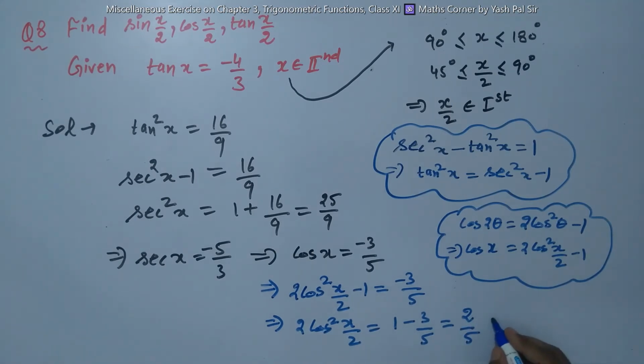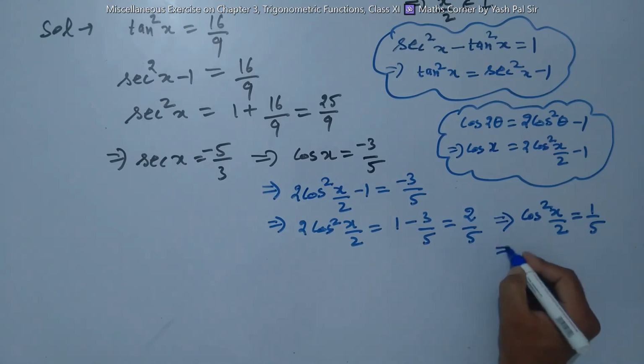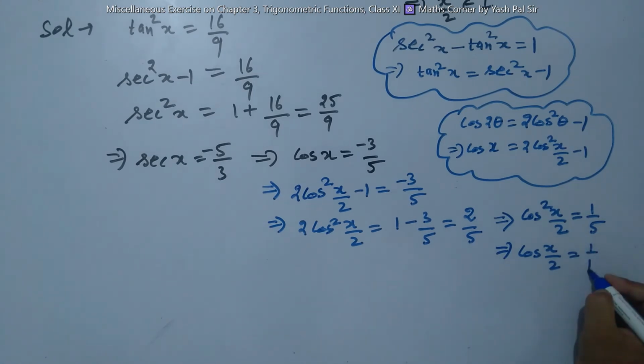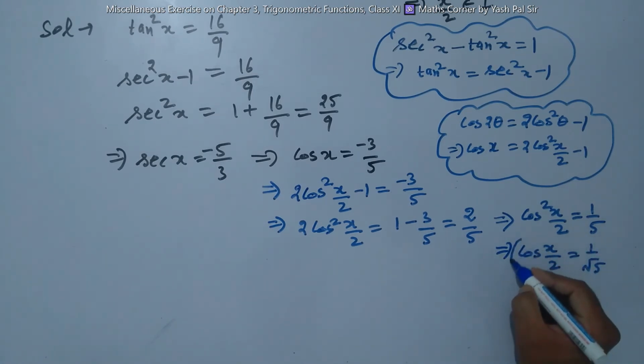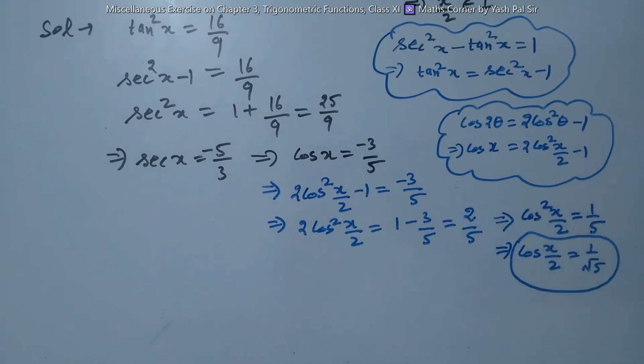Dividing by 2, cos square of x by 2 becomes 1 upon 5. So further we can say cos of x by 2 is equal to 1 upon square root 5. So this way the first t ratio, cos x by 2, is obtained.